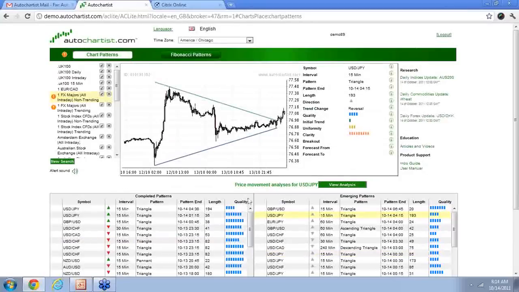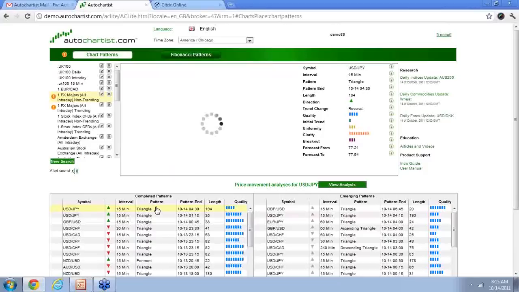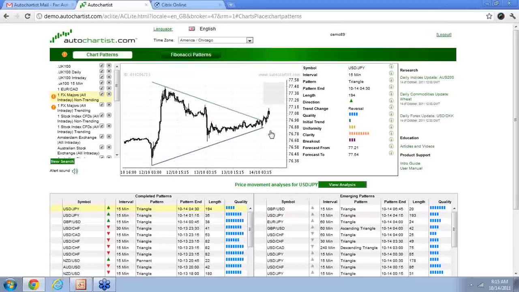Okay, now after I get this emerging pattern on my radar and I'm watching it, I then move to, I see here where it's completed the pattern. You can see here it was 123 bars to form that emerging pattern, and here on the 194th bar it broke out to the upside.